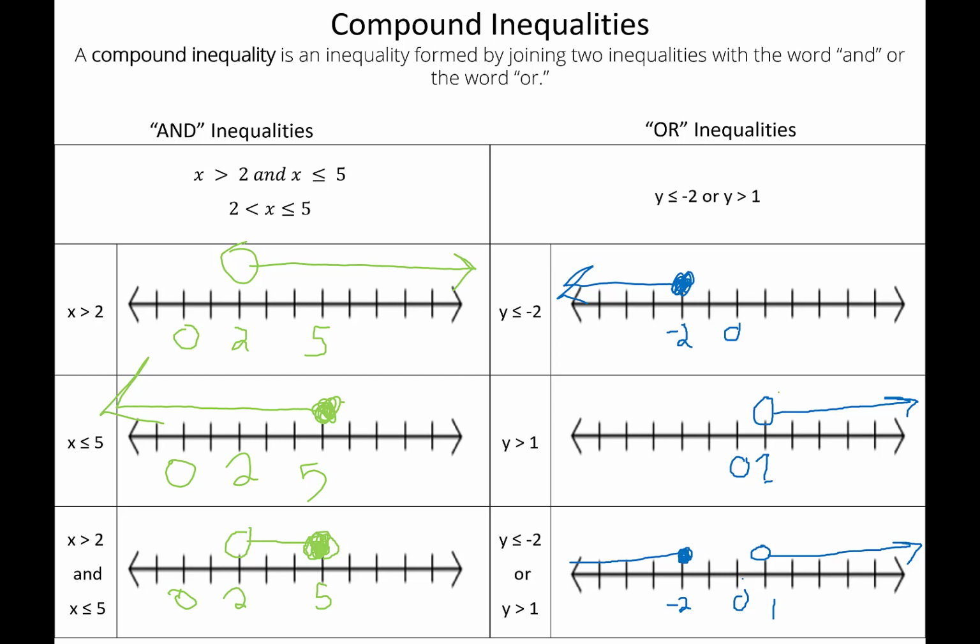Both have to be true, or one or the other. "And" will be my overlapping area, because those are the only numbers that are going to be greater than 2 and less than or equal to 5. With our "or", one or the other has to be true, so we can go both directions.